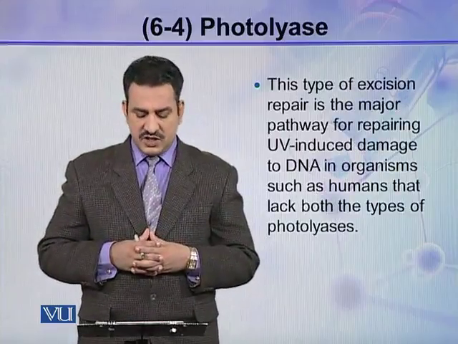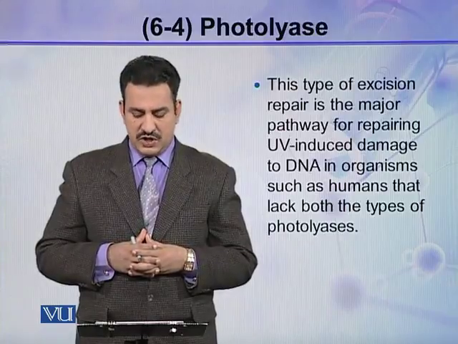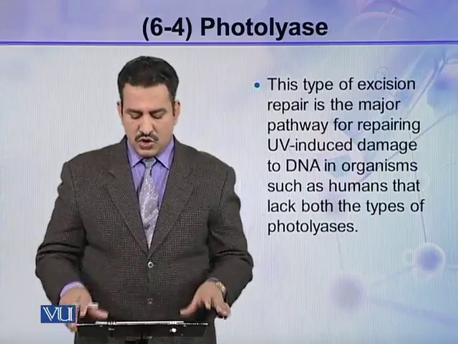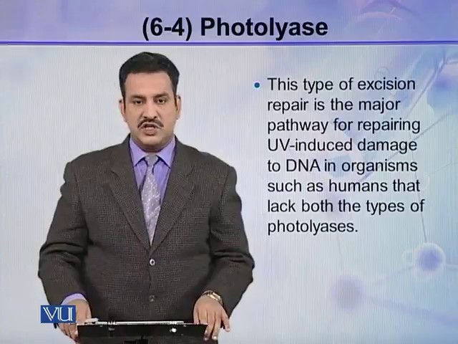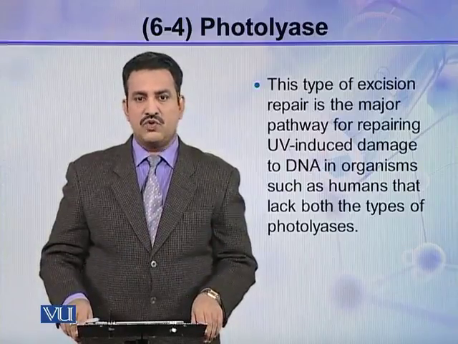This type of excision repair is the major pathway for repairing UV-induced damage to DNA in organisms such as humans that lack both types, that is CPD photolyase and 6,4 photolyase.